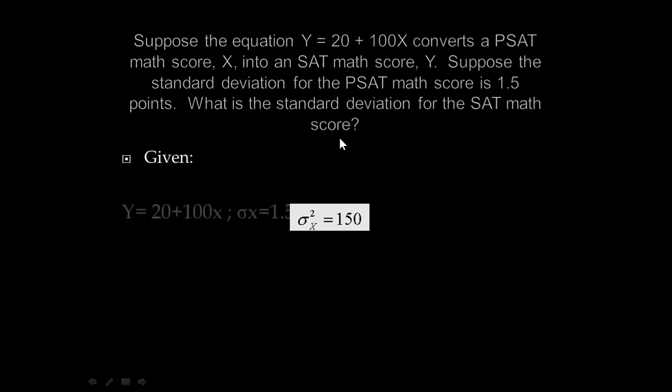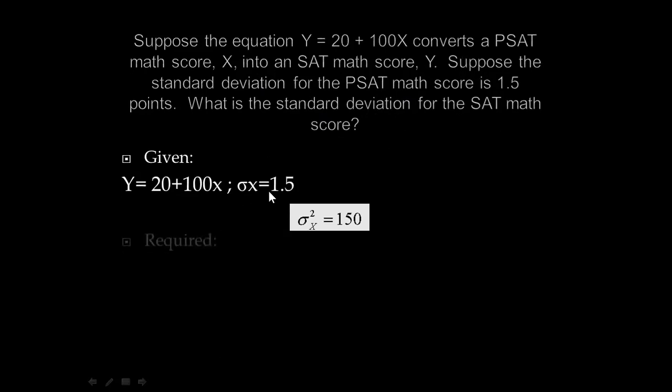So we are given the equation again, y is equal to 20 plus 100 of x, whereas the standard deviation is 1.5. We solve for the required, which is the standard deviation of 20 plus 100 of x.